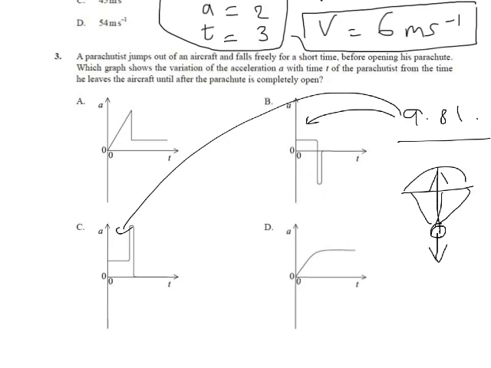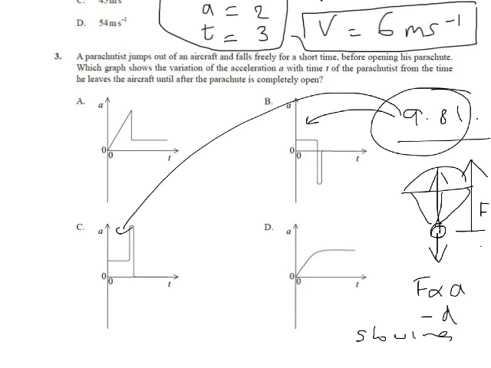This means that there is a resultant force upwards, negative to the way that you were going earlier, and therefore you have, because force is proportional to acceleration, you now have a negative acceleration, which is slowing you down.